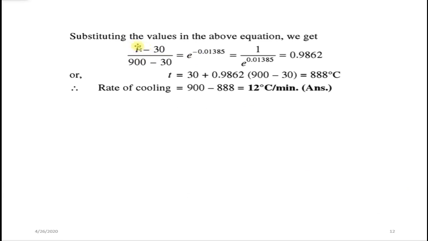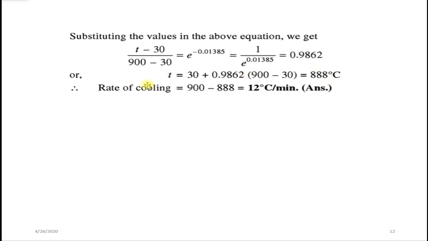Now we substitute into the equation, because after the time interval the temperature is T, a value we don't have. First find (T minus 30) divided by (900 minus 30) is equal to e power of minus 0.01385. If you simplify, you will get 0.9862 as this value. Now T is equal to 30 plus 0.9862 into (900 minus 30), which is 888 degrees Celsius.